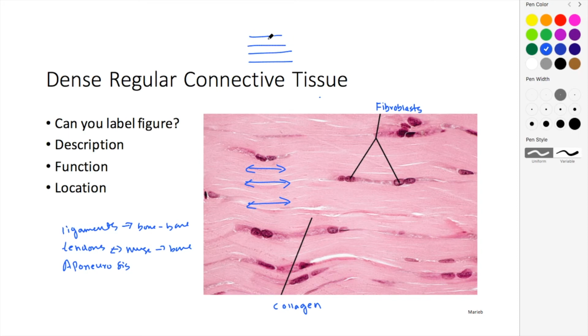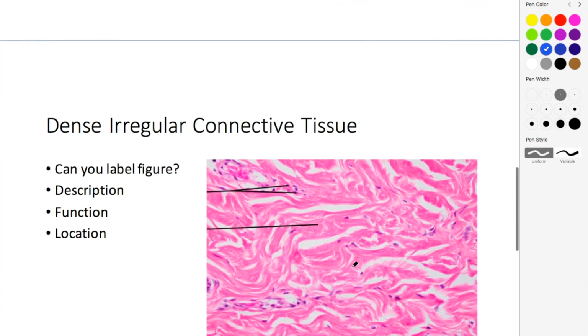It can only take stress from one direction, not from all other directions. And as I mentioned, the location is in the ligaments, tendons, and the aponeurosis. And that's what we need to know. This slide I got from Mariv, Anatomy and Physiology. You can go and check this out in more detail if you want, okay? And now let's move on to dense irregular connective tissue in the next slide.